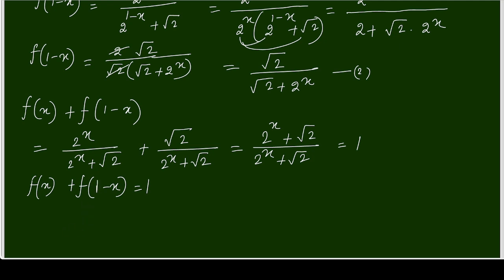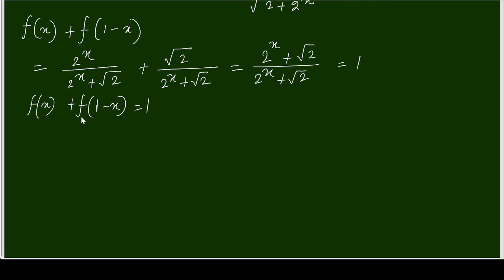So now coming to the sum. Sum is summation k equals 1 to 81 of f of k over 82. We'll find this sum.